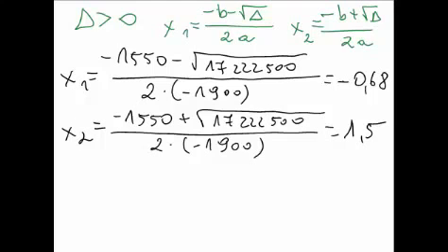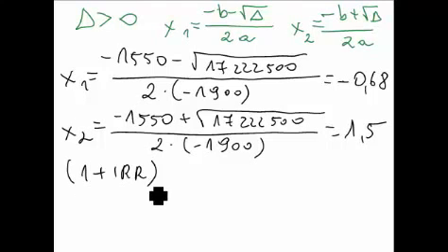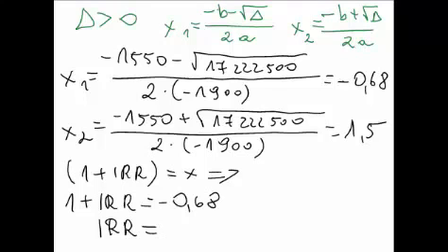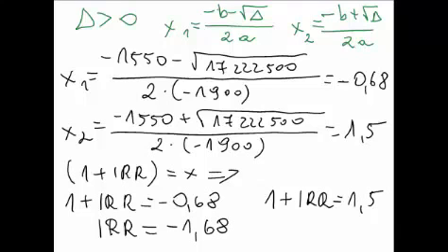Remember that we substitute our 1 plus IRR by x. So, in case of x1, our internal rate of return equals minus 1.68, while in case of x2, our internal rate of return equals 0.5.